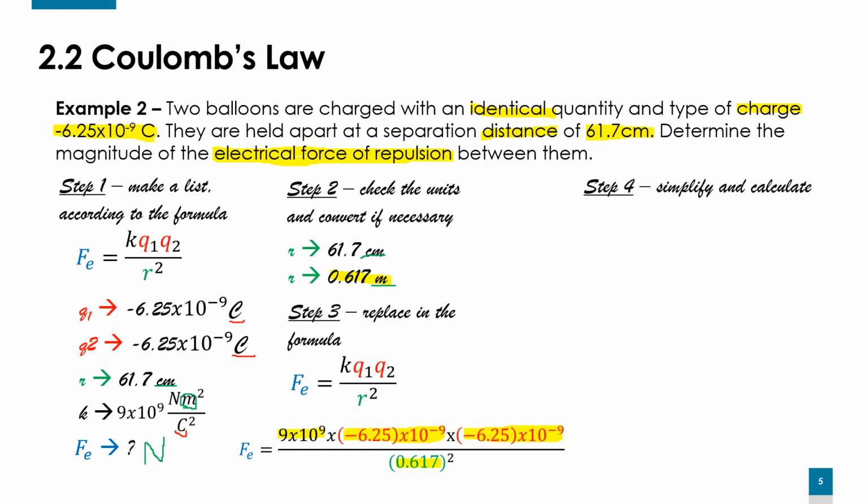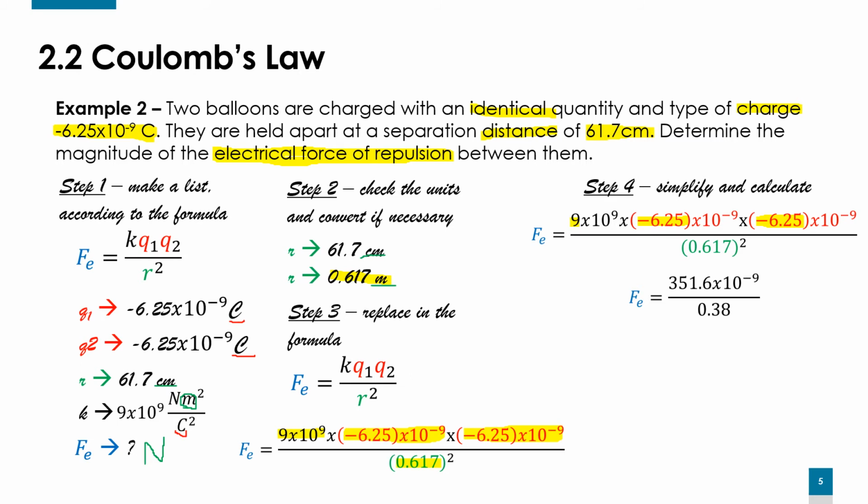Next step, simplify and calculate. So how can I simplify here? The easiest way is for you to look for the numbers that are not the 10 to the power of something. For example, 9, minus 6.25 and minus 6.25, and multiply them first. So 9 times minus 6.25 times minus 6.25. Be careful with the signs because this is minus and minus, so it's going to be plus. If you do it in your calculator, you can check, I get 351.6, okay?